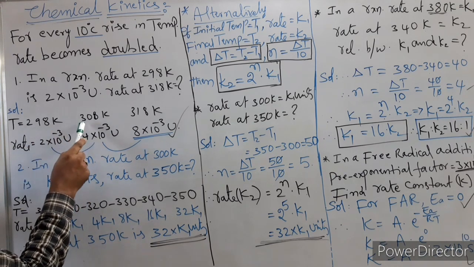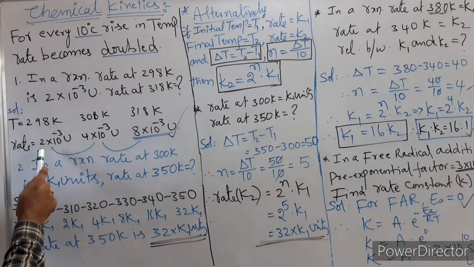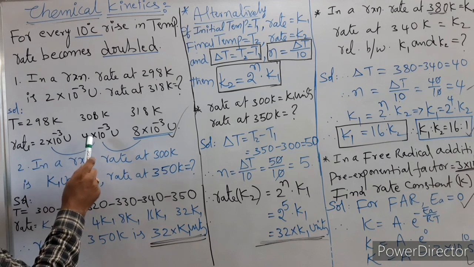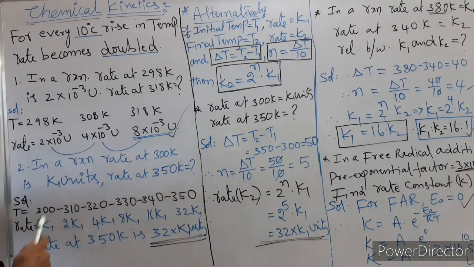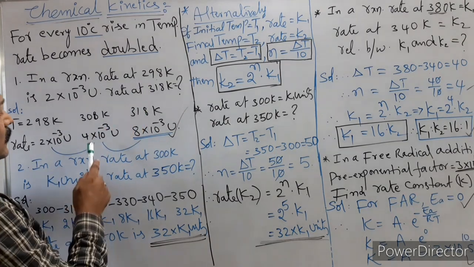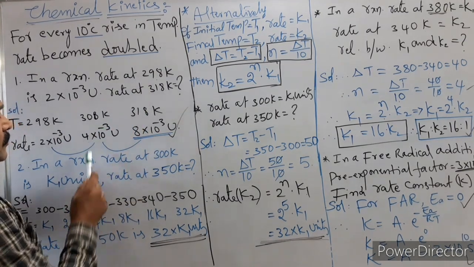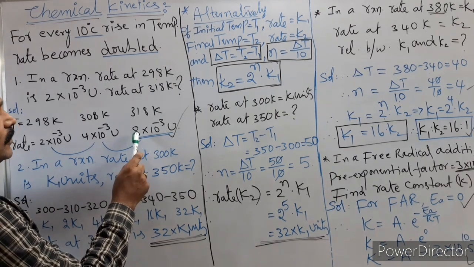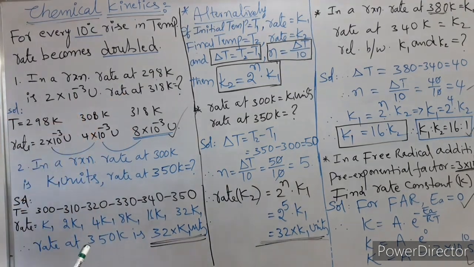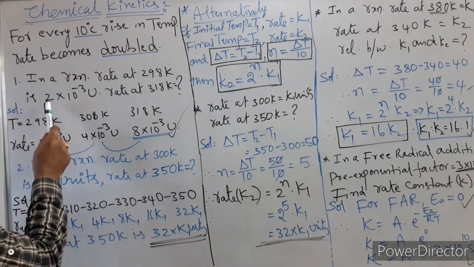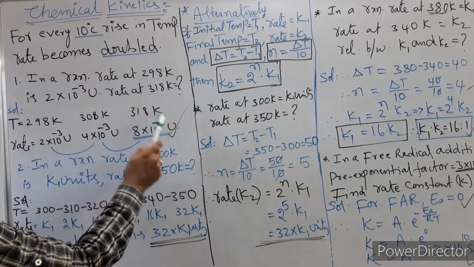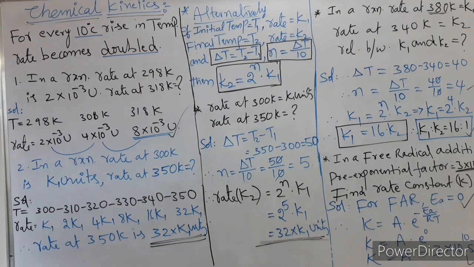So 298 to 308, the rate becomes doubled: 2 into 10 power minus 3 is doubled, that is 4 into 10 power minus 3 units. On increasing a further 10 degrees, it will become doubled, so 4 is converted into 8 into 10 power minus 3 units. So in this reaction, the rate at 298 K is 2 into 10 power minus 3 units, then at 318 K it is 8 into 10 power minus 3 units.